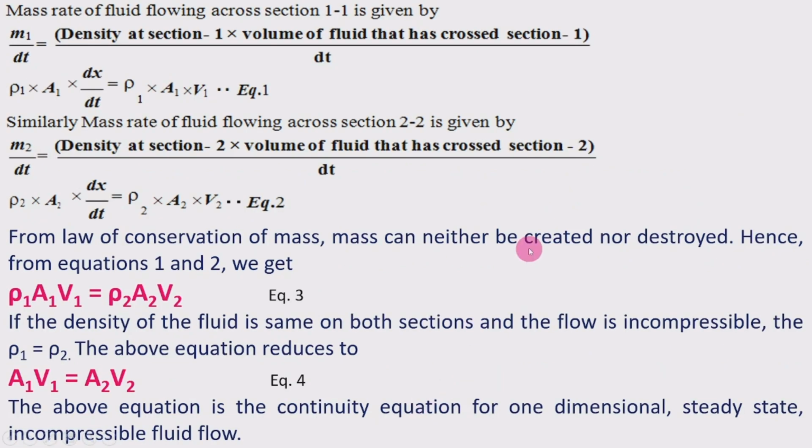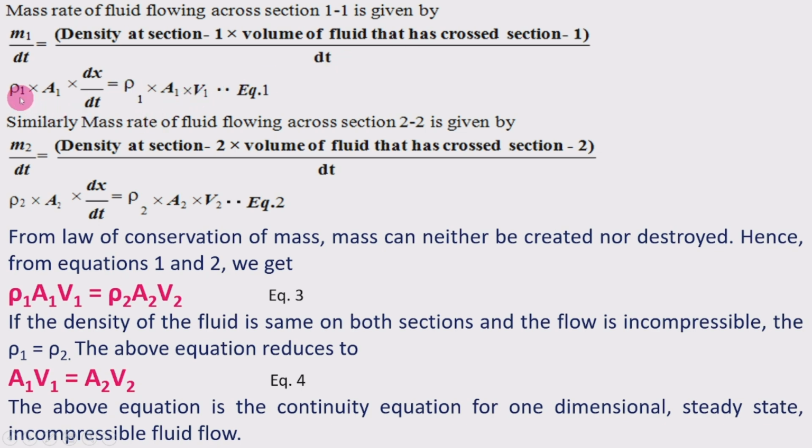Next, we have the mass of the fluid at sections 1 and 2. Now we take the mass rate of fluid flowing across section 1, which is m1 by dt, that is mass by time. That is equal to the density at section 1 multiplied by the volume of fluid that has crossed section 1, divided by time dt.